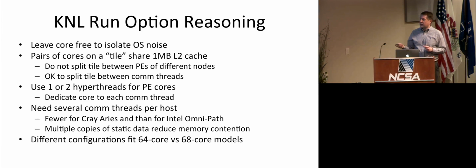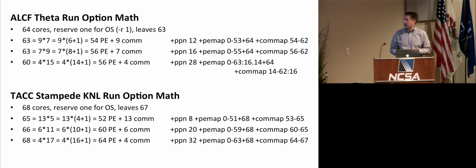We need several communication threads per host simply to drive the network communication for the large number of threads and to avoid contention within a process, fewer for Aries. And also, having multiple processes gives you multiple copies of the static data, which actually distributes better within the memory system. And finally, depending on the core count, you have different communications.